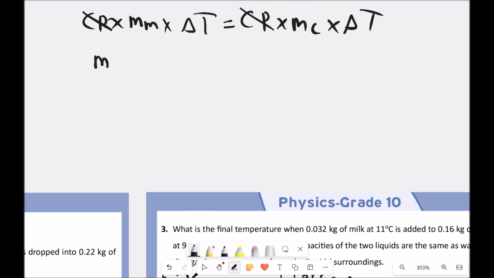So you have mass of the milk times the change in the temperature of the milk, which is equal to mass of the coffee times the change in the temperature of the coffee.